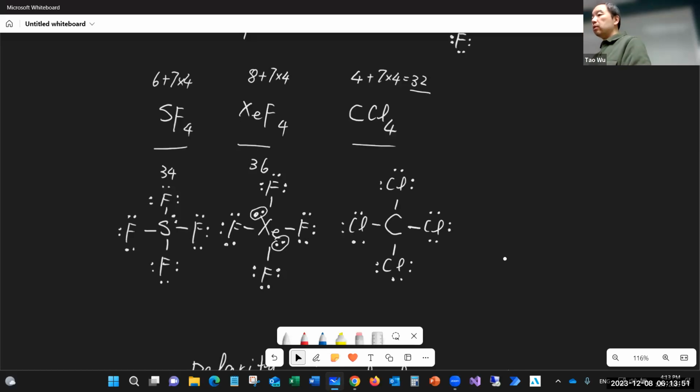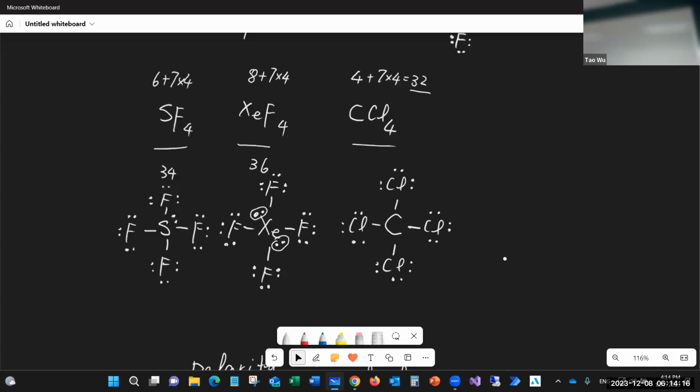And the last one has 32 electrons, and this carbon has only 4 electron domains. So the structure of this molecule is tetrahedral. It's something like that. So this is a tetrahedral.